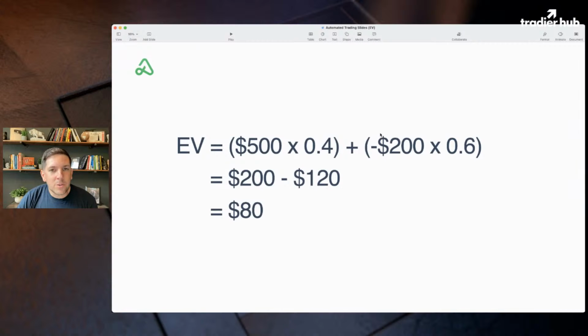When you compress all those numbers down, you see here that your expected outcome of the entire game, all the wins and all the losses and all the money you could make and all the money you could lose, is about $80. So this particular betting game, if you were to play it, has a positive expected outcome.